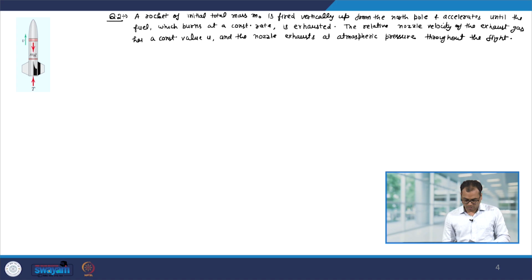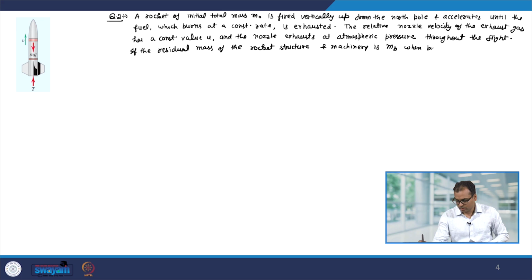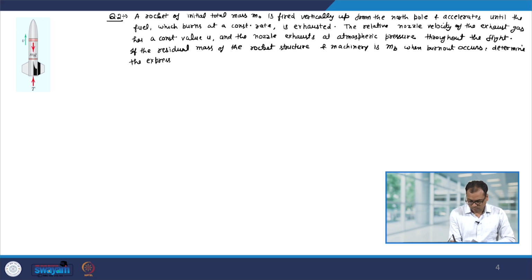If the residual mass of the rocket structure and machinery is MB when burnout occurs, determine the expression for the maximum velocity reached by the rocket.